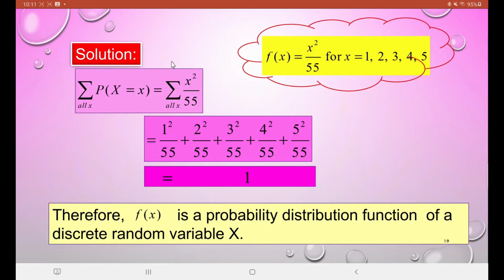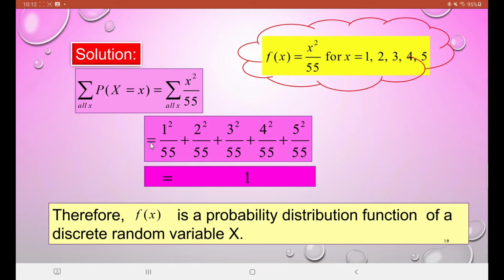So, to show this is a probability distribution function, we need to show that the sum of all the probabilities is 1. The function given is x squared over 55 for x equals 1, 2, 3, 4, and 5. To find the sum of all the probabilities, we substitute x equals 1, 2, 3, 4, and 5 into this function.